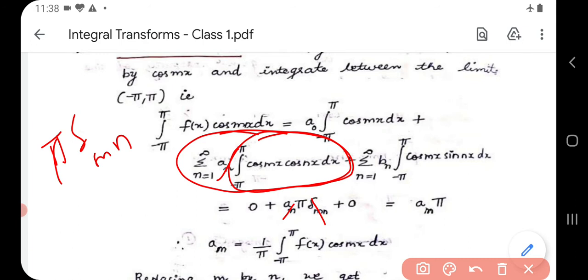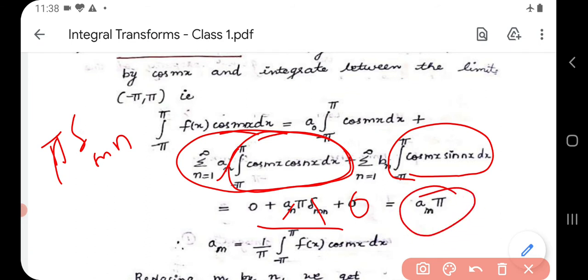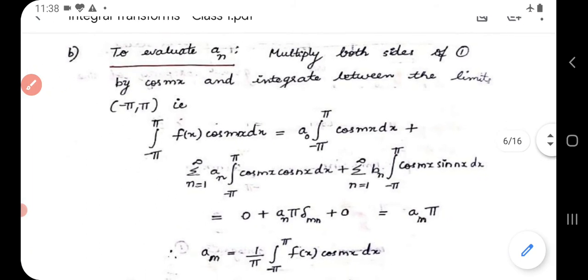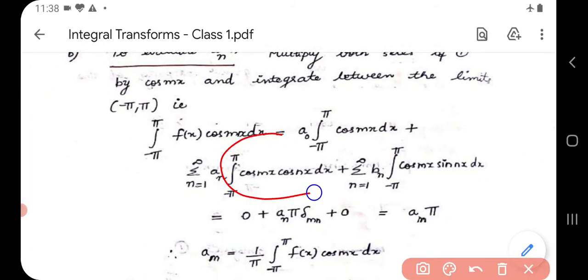Okay. Then this one is again 0, as per orthogonality property. So you are left only with am pi. So these two terms get 0, and only this term is left. Here an is kept as such. Then this one, as per orthogonality property, it is pi delta mn.